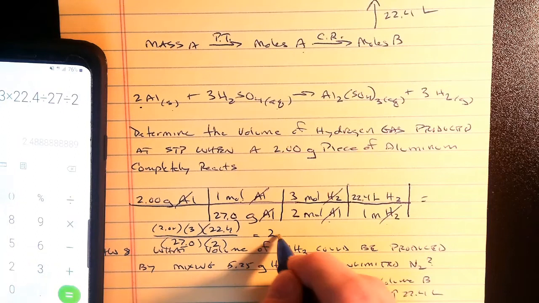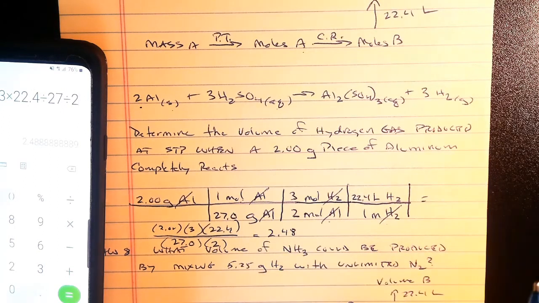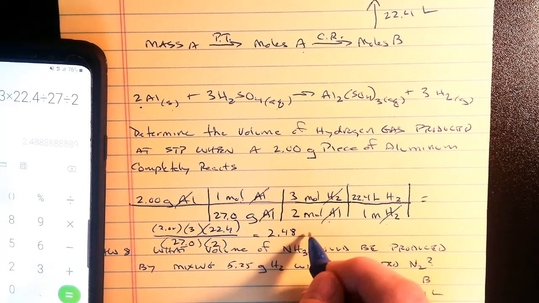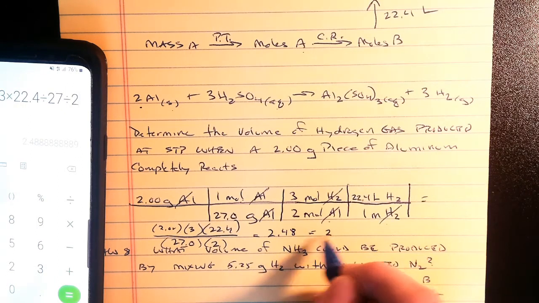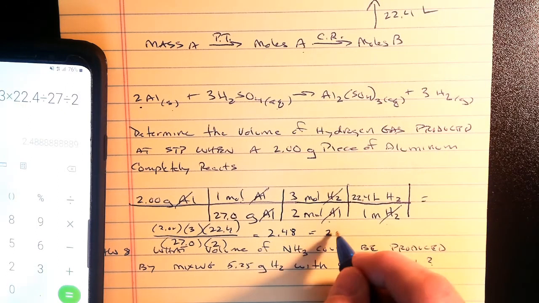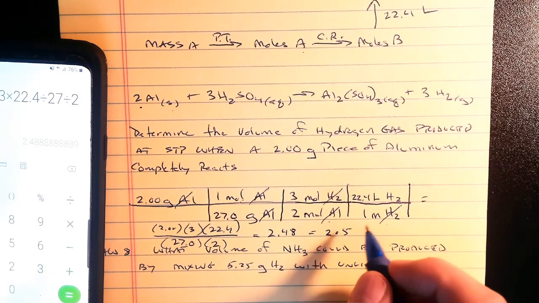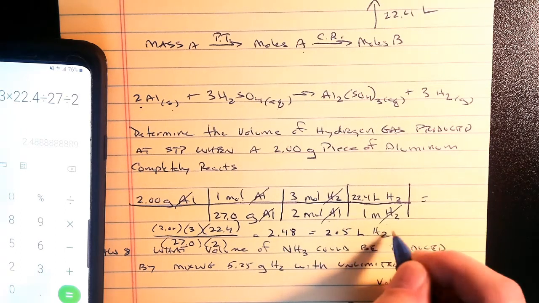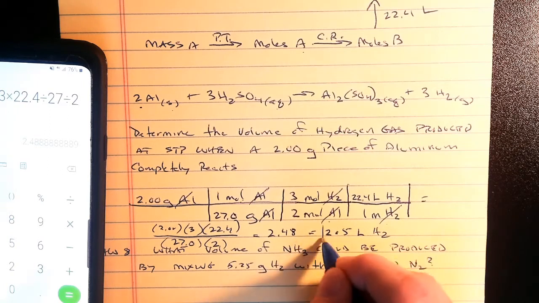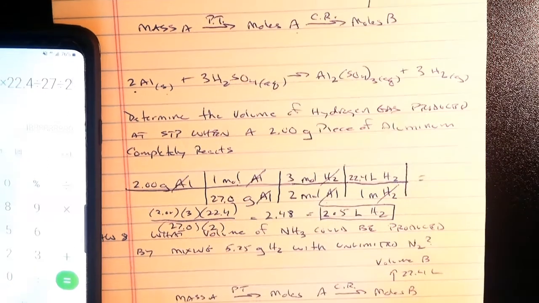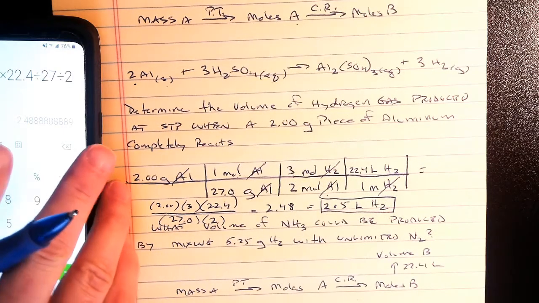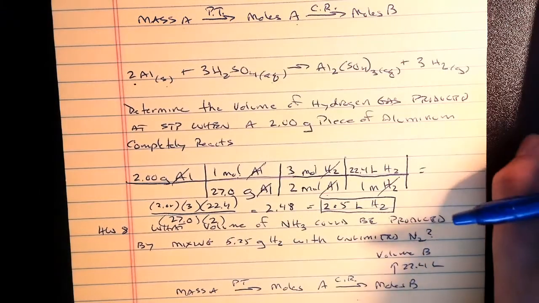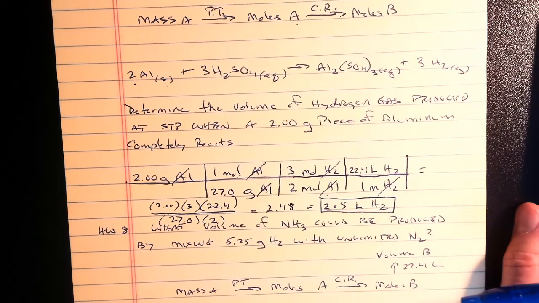So 2.48, we're going to round these things to the tenth, so that 8 rounds up, you add 1 to the 4, 2.5, and our units will be liters of hydrogen gas. So that's 2.5 liters of hydrogen right there. And I think that would be good.